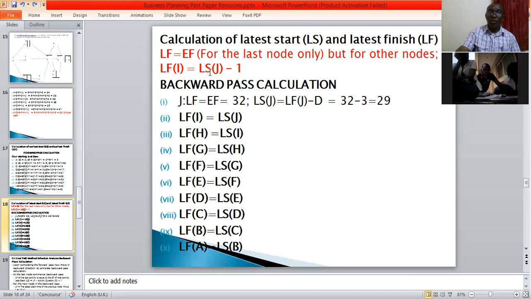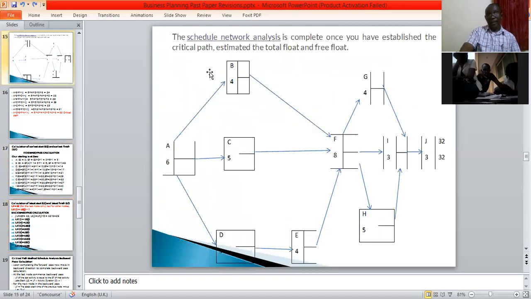So when you go to this diagram here, you have to know which one is the predecessor activity and which one is the successor activity. If you are at I, the successor activity is J, and the predecessor activity is F or H or G.